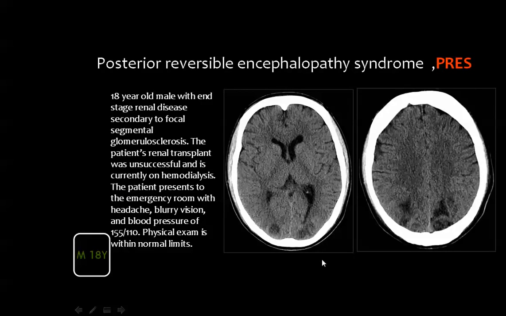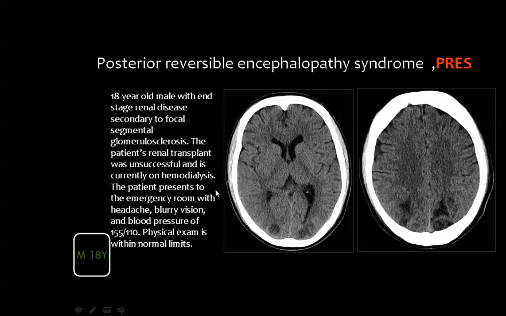The lesions are usually almost bilateral and symmetrical hypodensities in the posterior circulation, in the occipital lobes, in the posterior parietal lobes, which is suggestive of this syndrome, especially when the clinical picture is supportive.